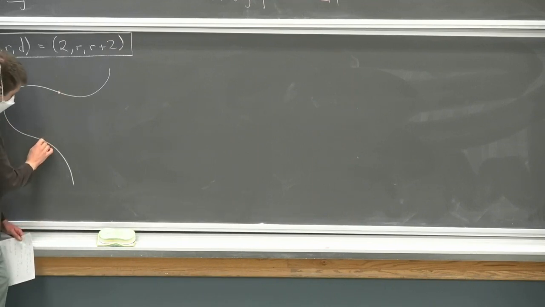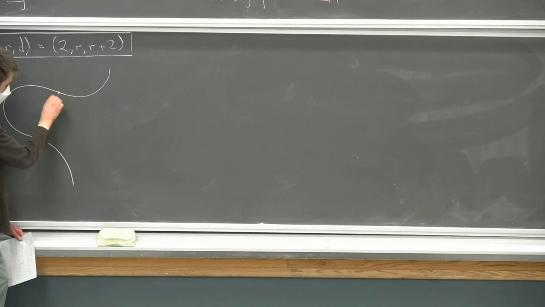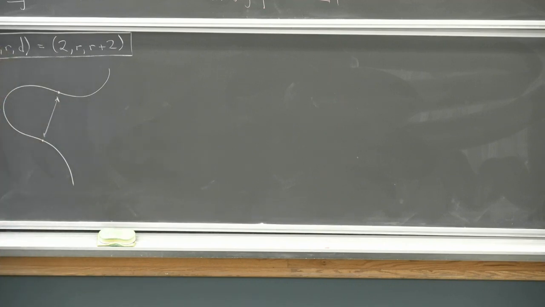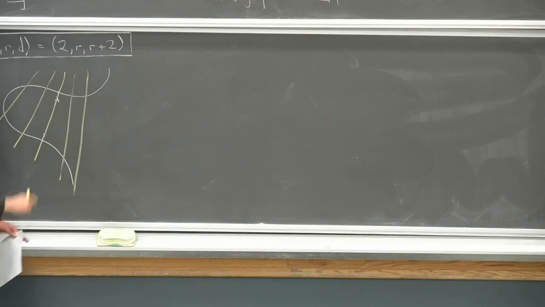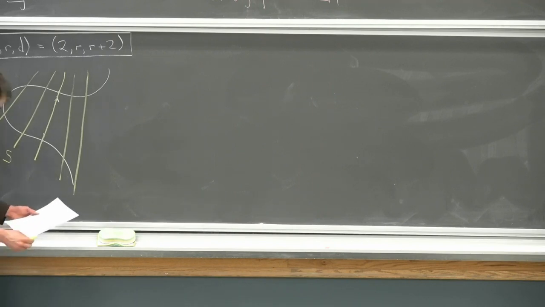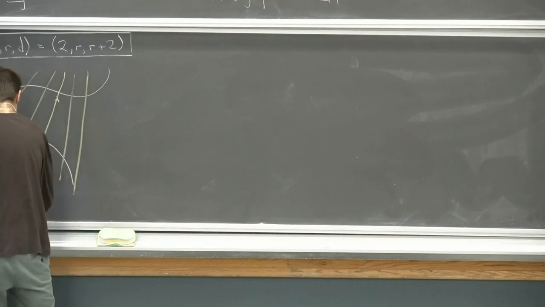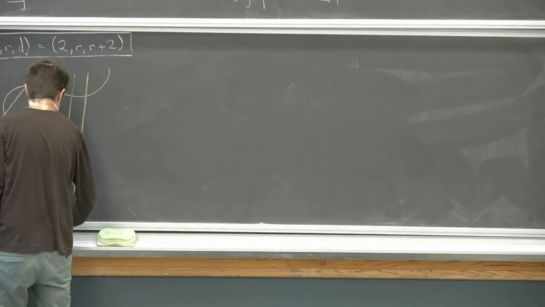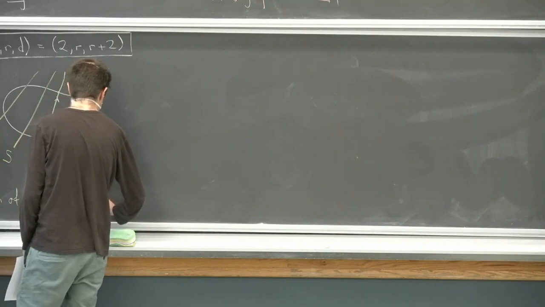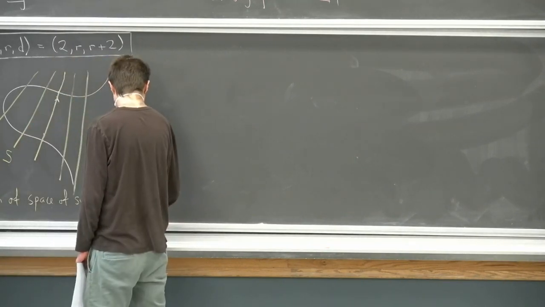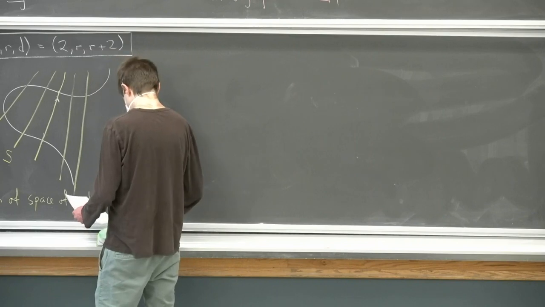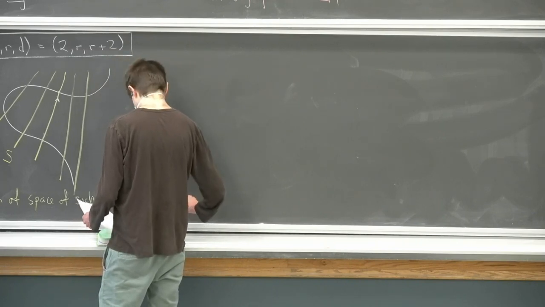I can take pairs of points of this curve that are conjugate under this involution and join them with lines. These lines sweep out a surface, which I'll call S. This is an example of a scroll. And the dimension of the space of such scrolls is r squared plus 2r minus 6.